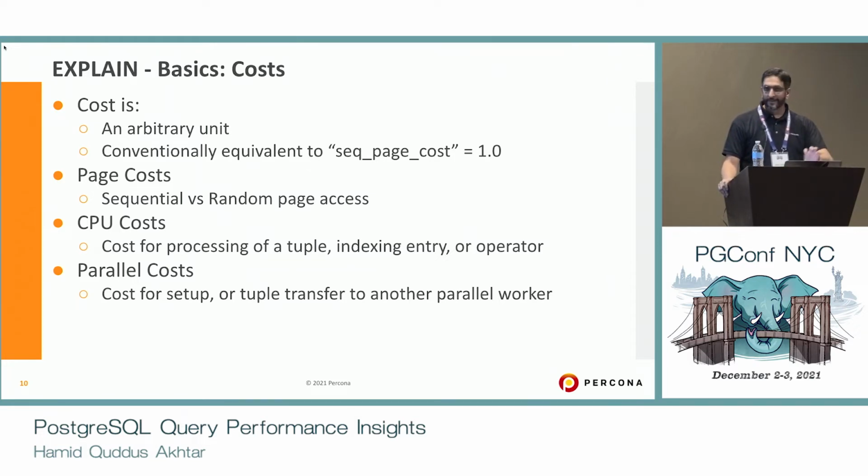So these are basic estimates of effort that the planner will look at in terms of evaluating how a SQL query should be executed. Based on these costs, it's going to make certain decisions, such as whether an index will be used or whether a sequential scan will be used. So this is really the basis.